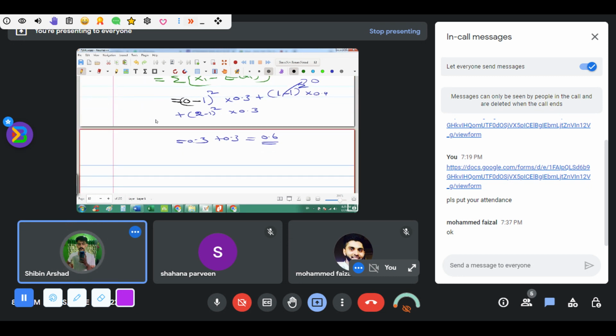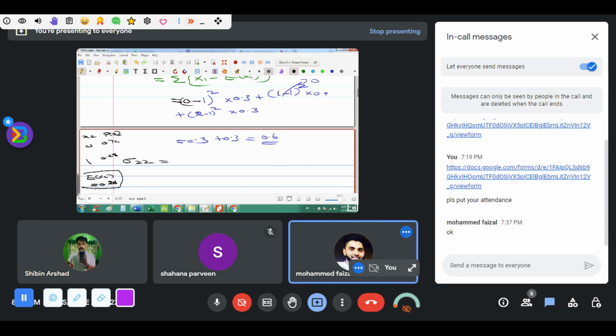Please complete your work on sigma 2,2. Same idea: the x2 values, and the probability of the x2 values, 0.72 and 0.28. And the expected value E of x2 is 0.28.